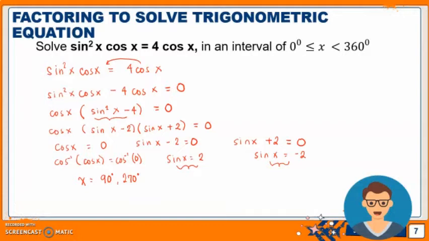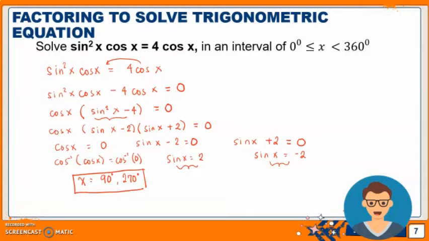Thus, the only solutions from the interval x greater than or equal to 0 degrees but less than 360 degrees are 90 degrees and 270 degrees.